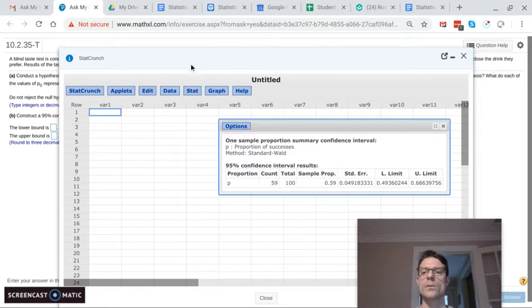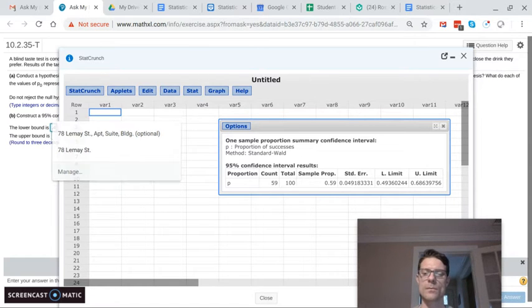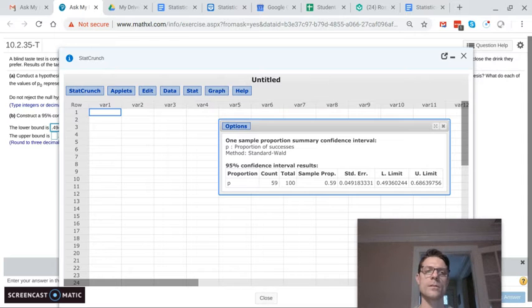And our lower limit would be 49%. I think it's, yeah, round to 3 places. So 0.494. And then our upper limit of our confidence interval is going to be 0.686.